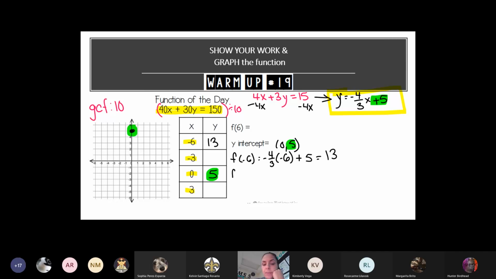Then I'm going to find f of negative 3. That's going to be negative 4/3 multiplied by negative 3 plus 5. Well, negative 4/3 times negative 3, these are going to cancel out, and I'm going to have positive 4 plus 5, which is 9.